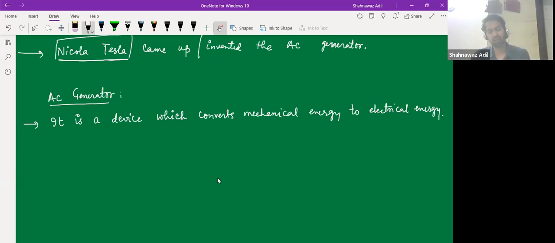You have a coil, you mechanically rotate that coil, you change the flux, and then you can generate the electrical energy. So what does the AC generator do? It converts the mechanical energy to the electrical energy. And what is the principle of AC generator?